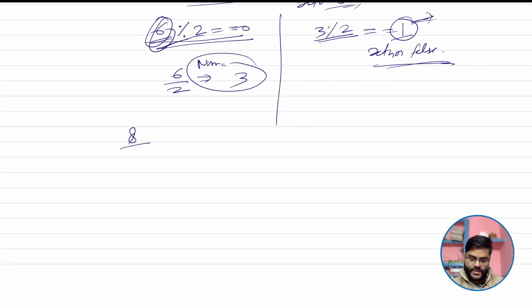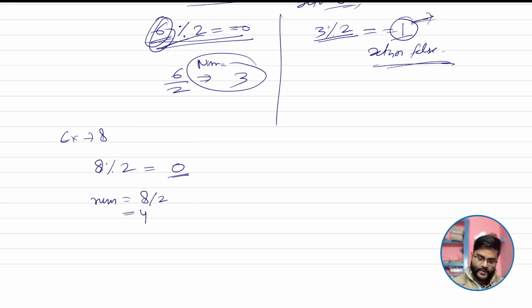Let's take 8 and write it step by step. 8 mod 2 will be 0, so do 8 divided by 2. The number will be 4. Again, 4 mod 2 is 0, so again divide your number by 2.